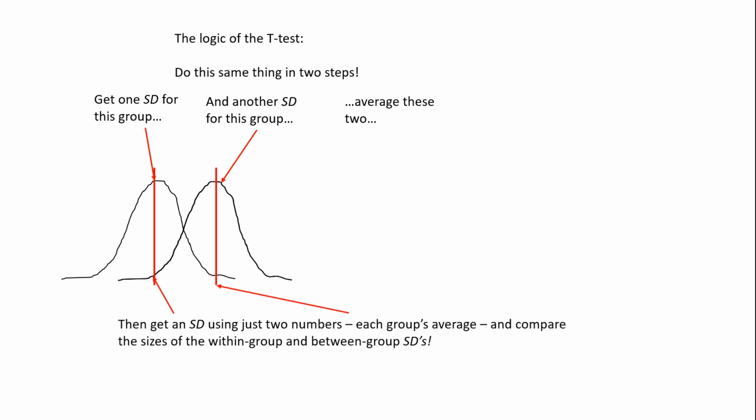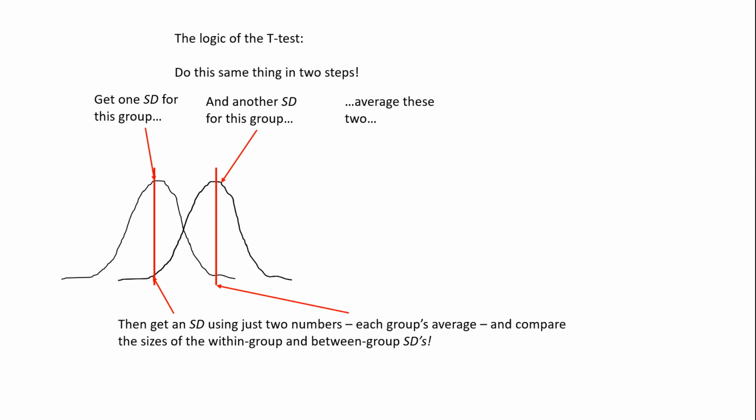Now we get a second standard deviation using just the 2 group means. Now we can compare the size of that standard deviation to the within group spread, and we can get an idea of how spread out the means are relative to how spread out the groups are.